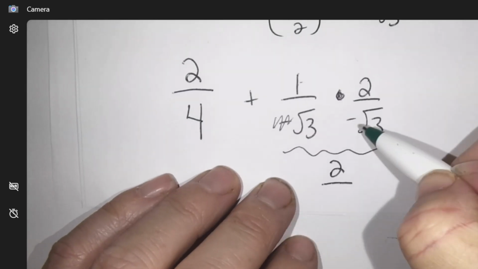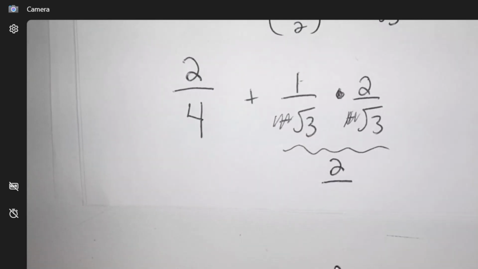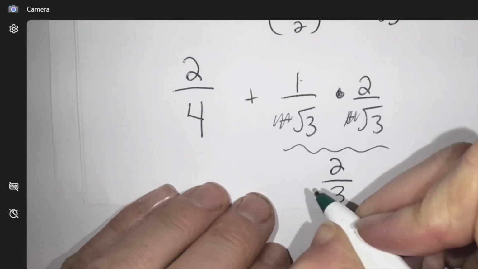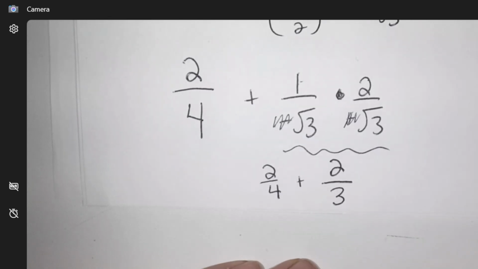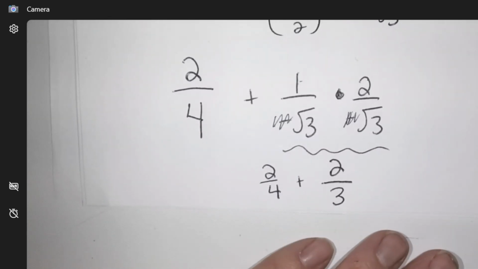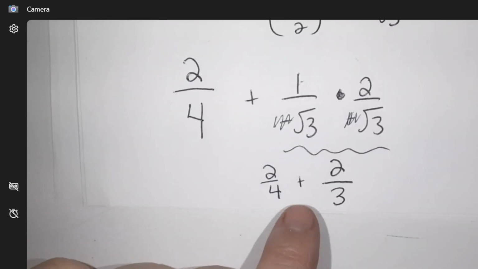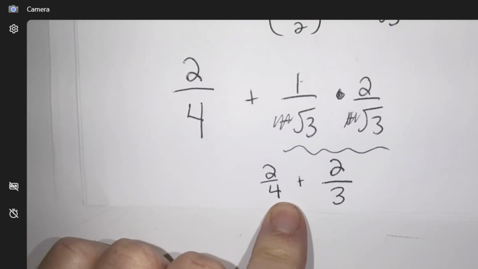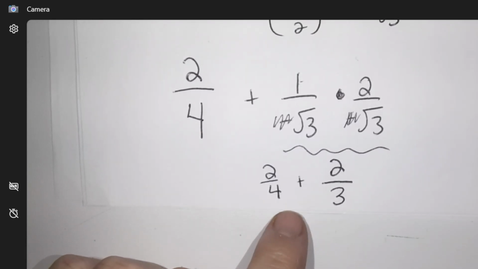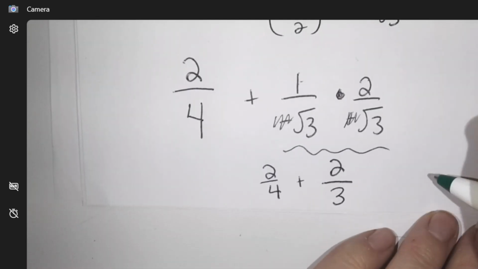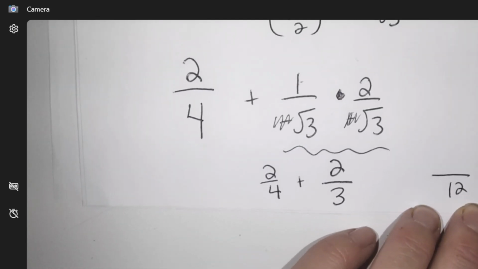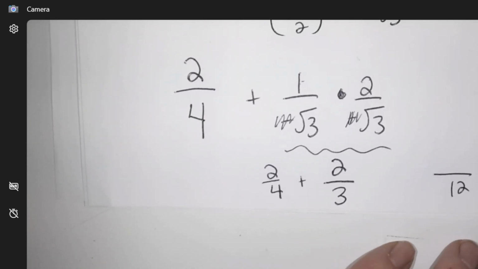What is root 3 root 3? 3. Do you want to change this to 1/2 or just leave it? It doesn't matter. Okay, how do you add fractions? Common denominators. So I'm going to turn them both into 12.